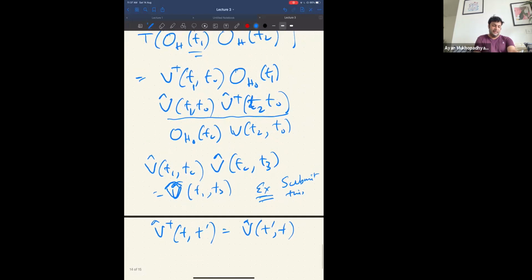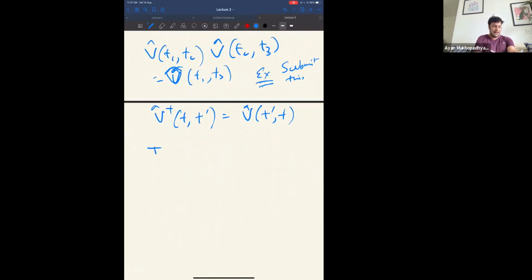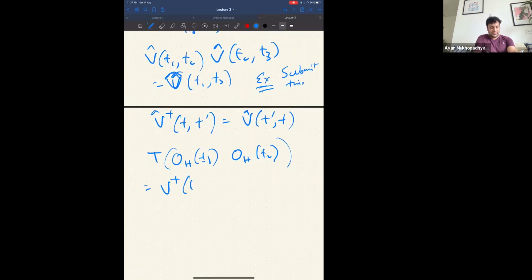Using these two together, you see this is nothing but V(T1, T2). So the conclusion is that the time order product of O_H(T1) and O_H(T2) is nothing but V dagger(T1, T0), then O(T1), then V(T1, T2), then O(T2), and then V(T2, T0).